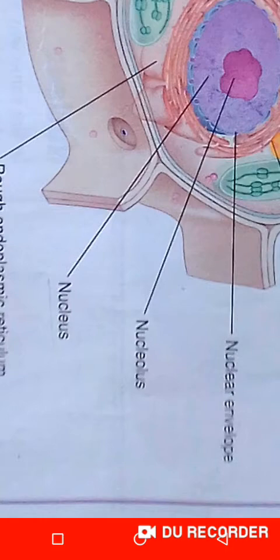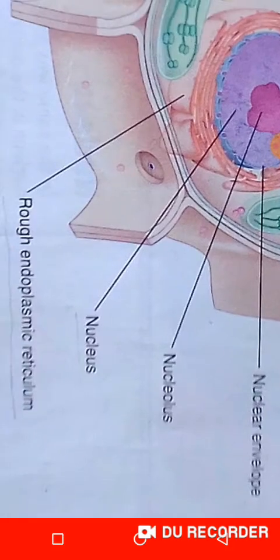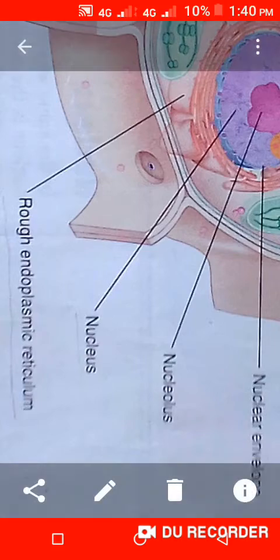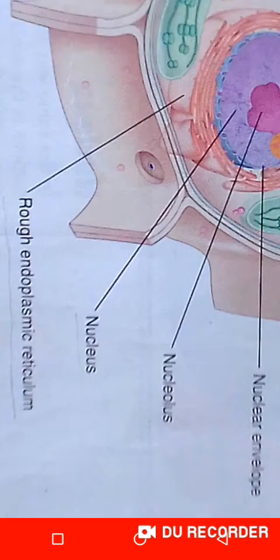Now let's come to the nucleus. First of all, the nucleus controls all the cell activities.